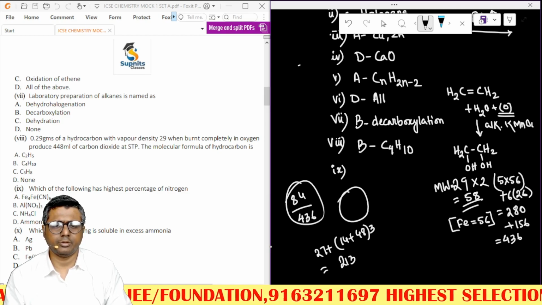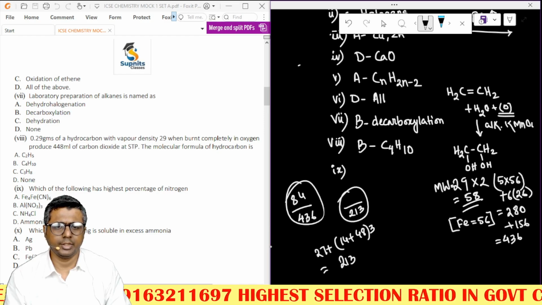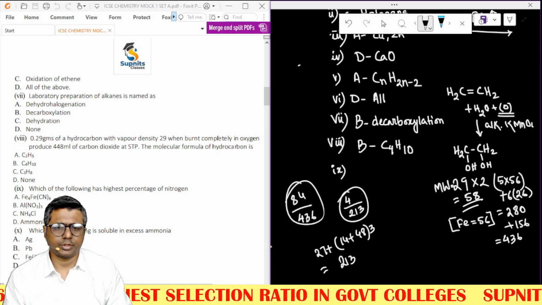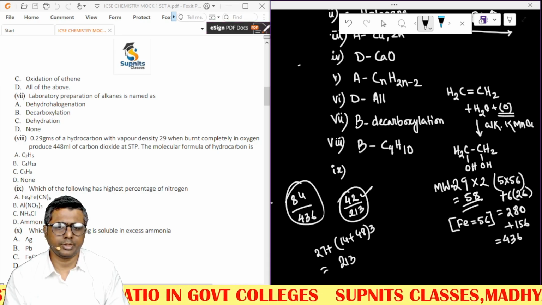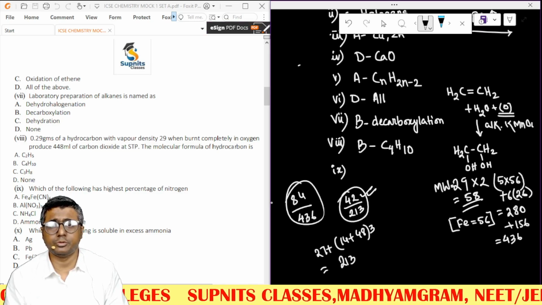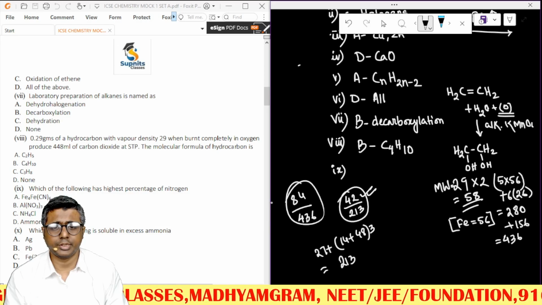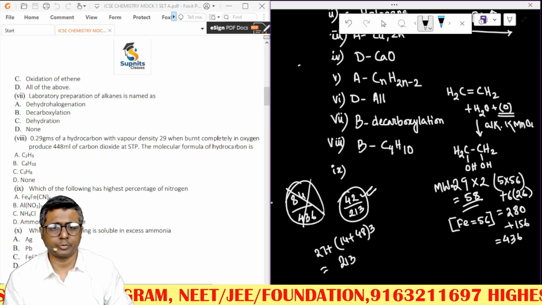So the fraction will be 213 in the denominator, and on the top will be 3 into 14, that is 42. If you compare, you can easily understand this will have a higher percentage, because 42 into 2 is 84, but 213 into 2 is 426, so that is lesser than this. So this one you need not consider anymore.